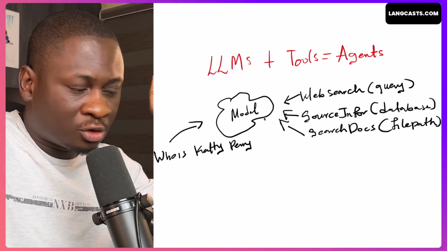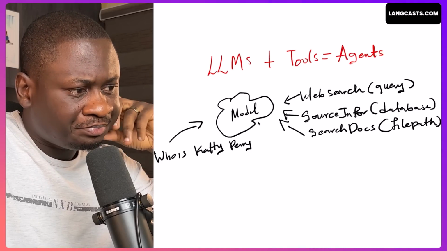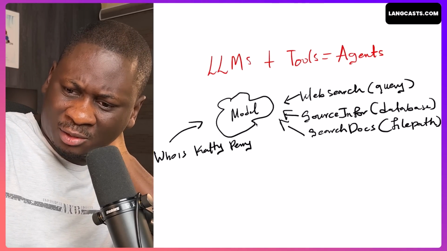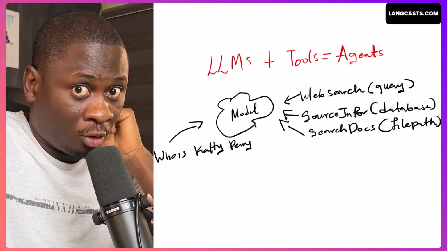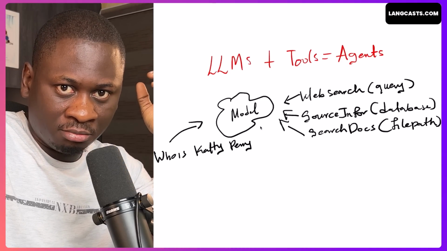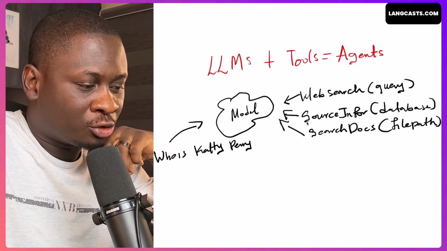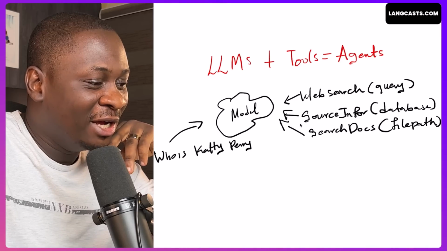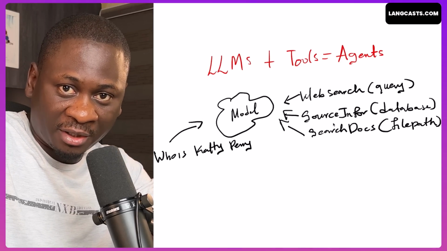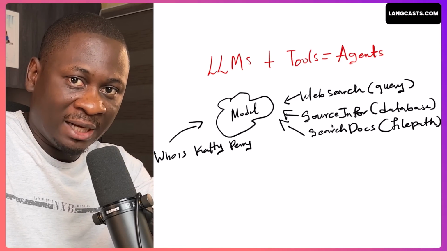So this prompt goes to the model, and the model says, yeah, this looks like something I need to go online and search for so that I can learn about this Katy Perry person and also know why she was picked to go to Mars recently. Or rather, it knows that it needs to go online to search about Katy Perry.